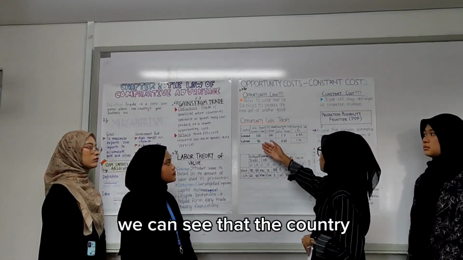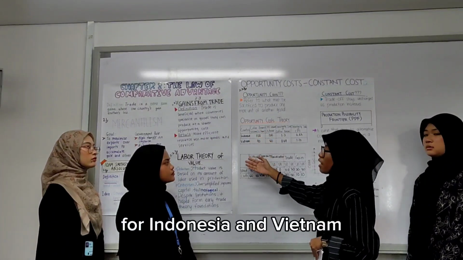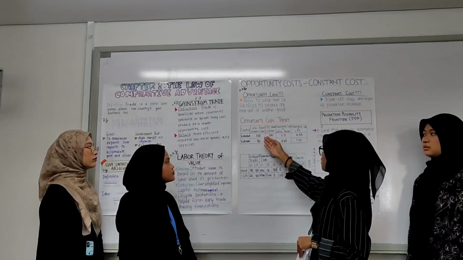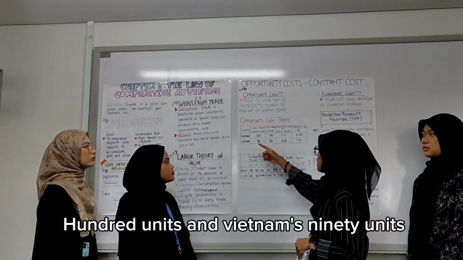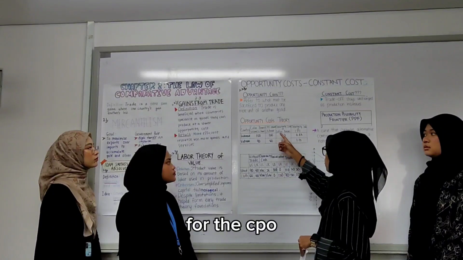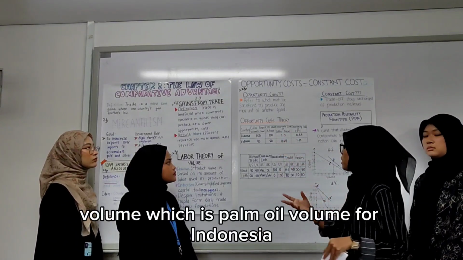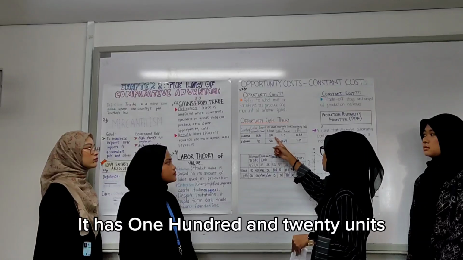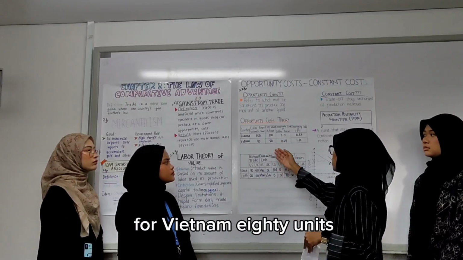We can see the countries Indonesia and Vietnam. For the coffee beans volume, Indonesia has 100 units and Vietnam 90 units. For the CPO volume, which is palm oil volume, Indonesia has 120 units and Vietnam 80 units.